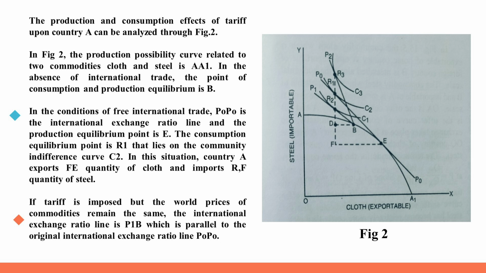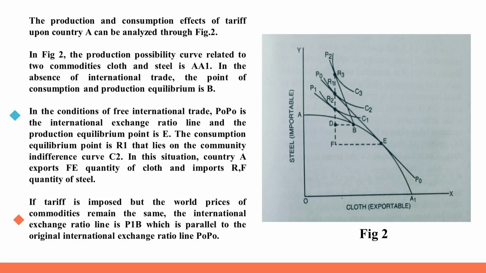In the absence of international trade, the point of consumption and production equilibrium is B. In the conditions of free international trade, P0 is the international exchange ratio line and the production equilibrium point is E. The consumption equilibrium point is R1 that lies on the community indifference curve C2.